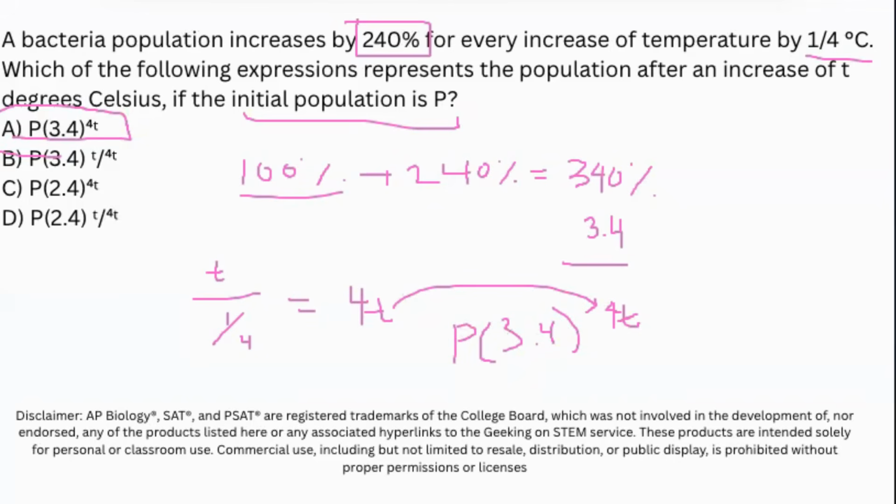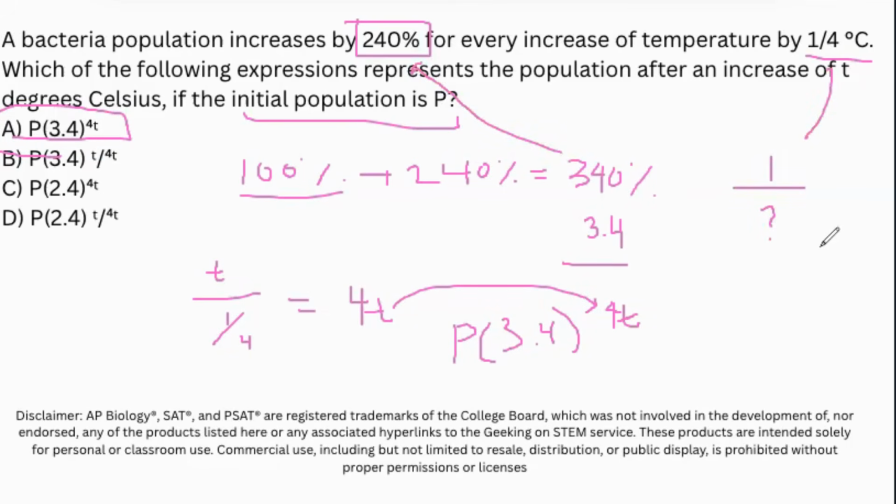So in this case, you need to understand that 240% increase means that you're multiplying by your original 100. Don't get fooled when they give you a percentage over 100%. We're still growing by that initial percentage. Also, note that we are converting intervals. So growth rate occurs 1 over whatever unit. So in this case, it's a fourth. So be sure to understand it's 1 over whatever that degrees Celsius is, or whatever that growth increases by.